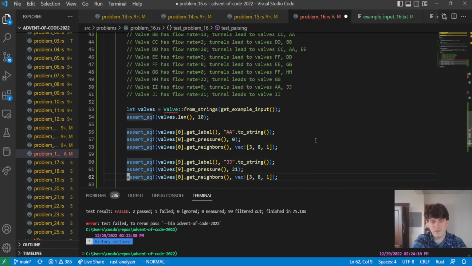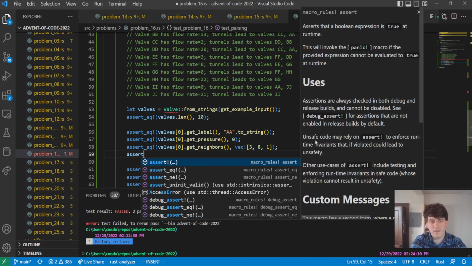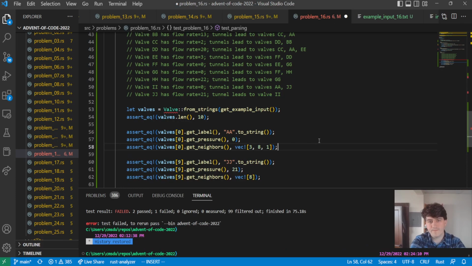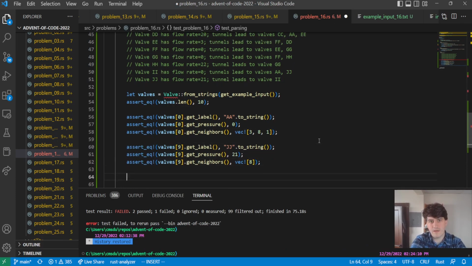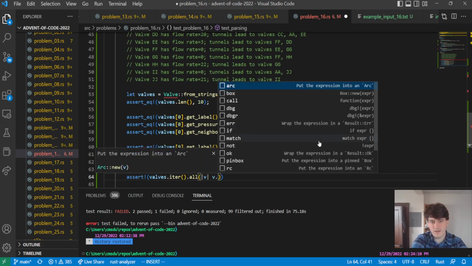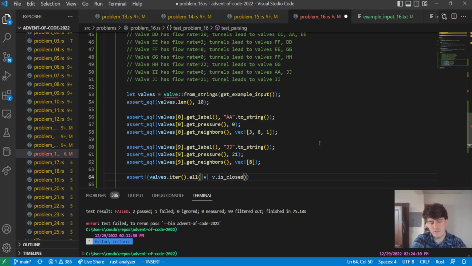And 9 is just 8. And we should also say, let's say assert that valves iter all v dot is closed, yes.